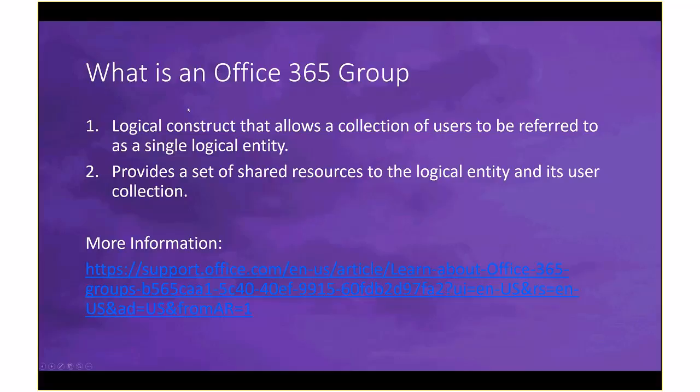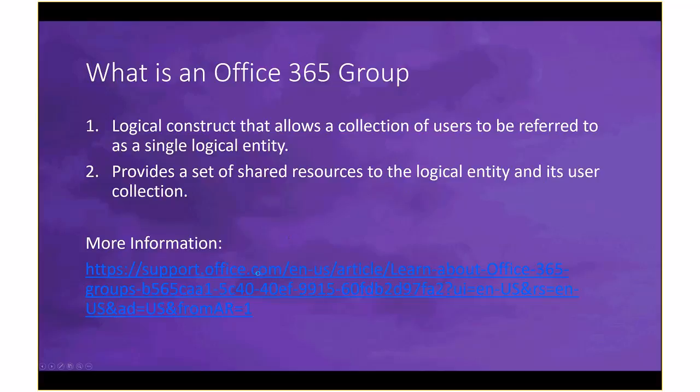So again, the first thing we need to establish is what is an Office 365 group. It is this logical construct that allows a collection of users to be referred to as a single logical entity. And it does provide a set of shared resources that this logical group entity and its user collection have access to and can use.